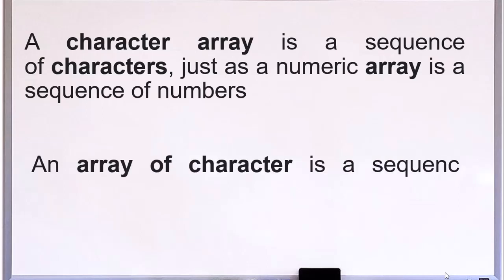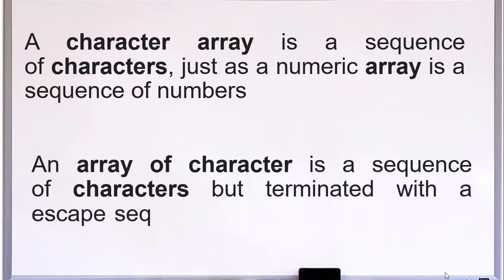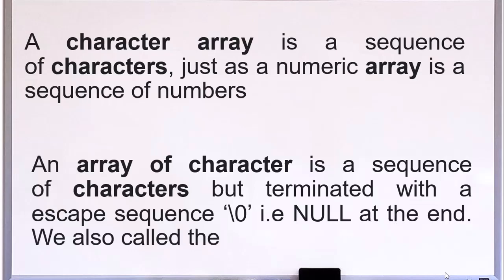Array of characters is also a sequence of characters. Then what is the difference? The difference is that you have to terminate it with an escape sequence called null, that is \0, right? We can also call them a string.